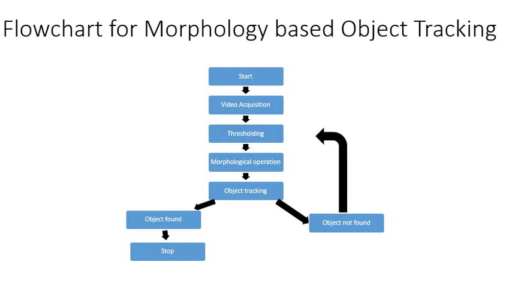Once the image is acquired, it is first thresholded, which subtracts the background. Using morphological operations, we can track the object. If the object is found, we terminate the process and display the object. Else it is further thresholded and the process is repeated several times until the object is detected.